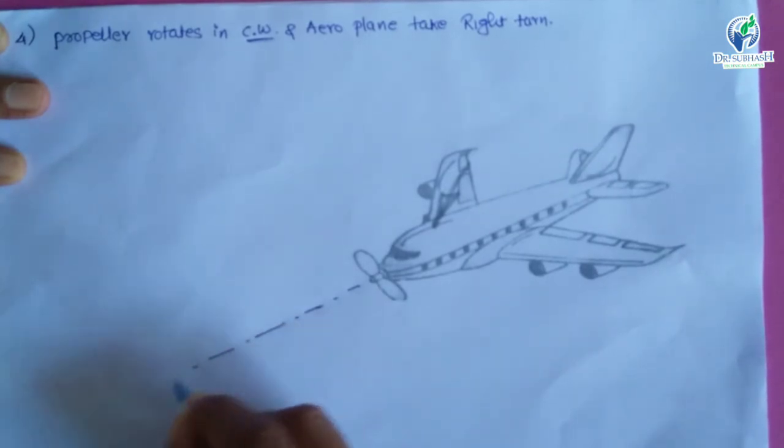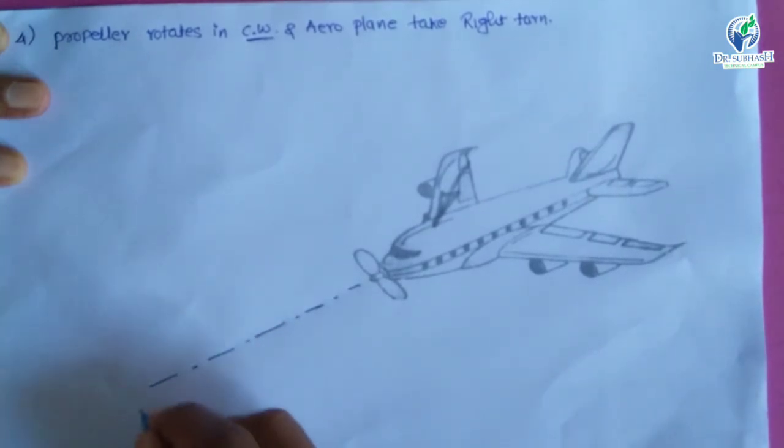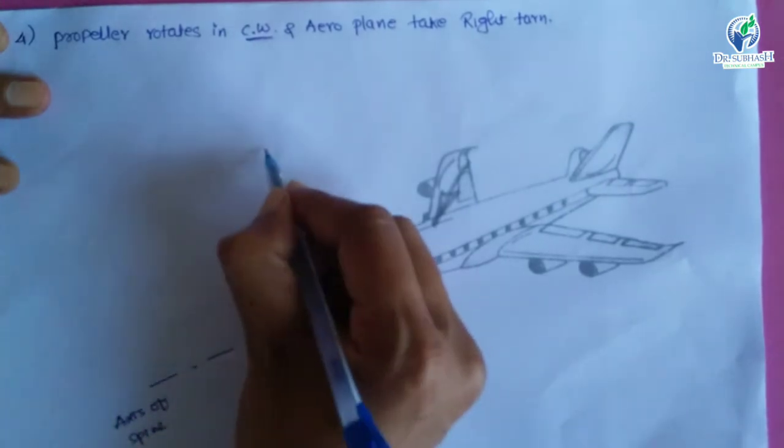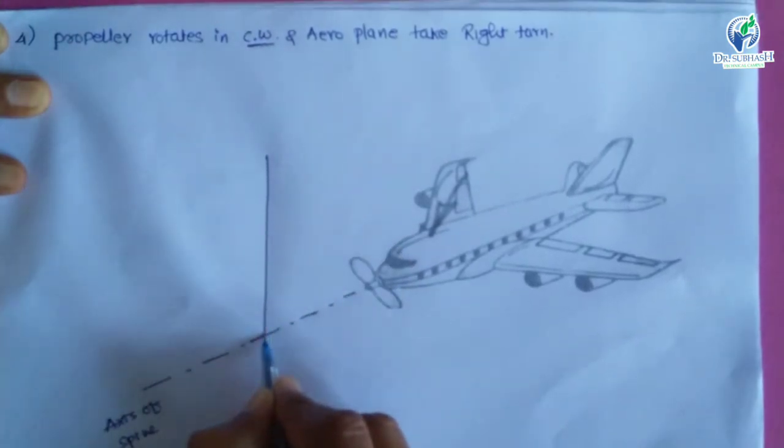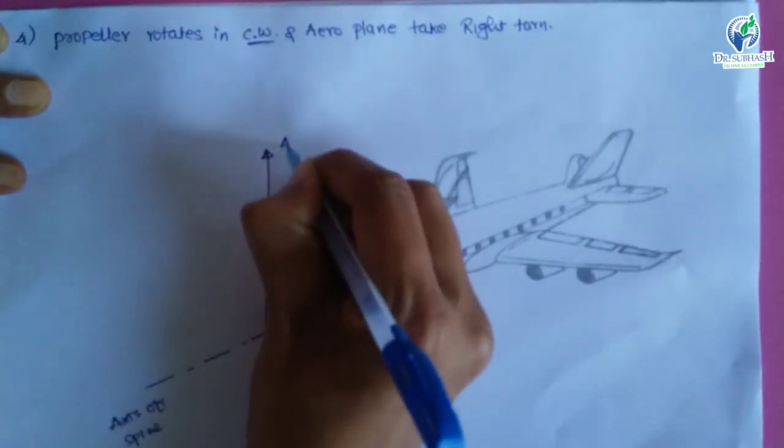So this is the axis of spin. We know that at right angle to the axis of spin there is the axis of precession.